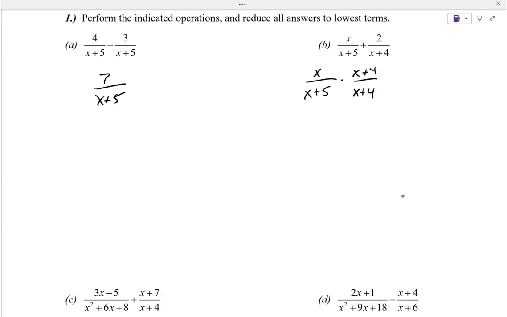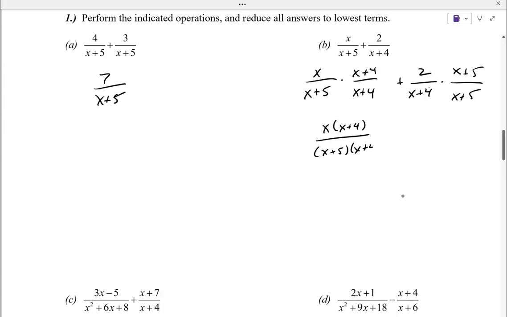What about the second fraction? What do we need to multiply it by? X plus 5 over x plus 5. Good. Or x plus, yeah, this is x plus 5. I wrote 5 instead of the 4. Let me rewrite it a little bit, make it pretty.